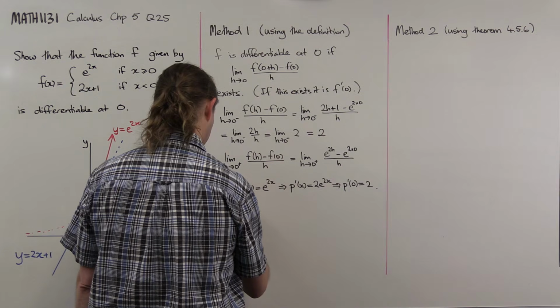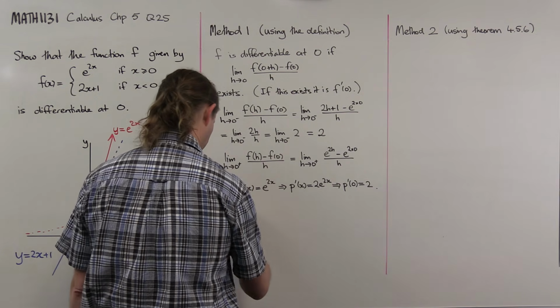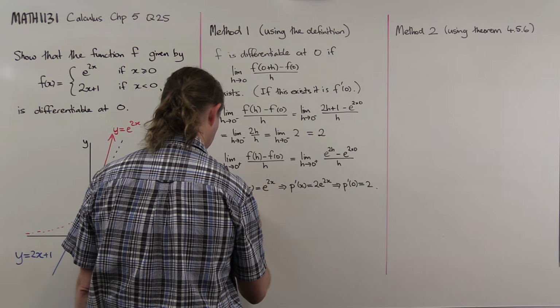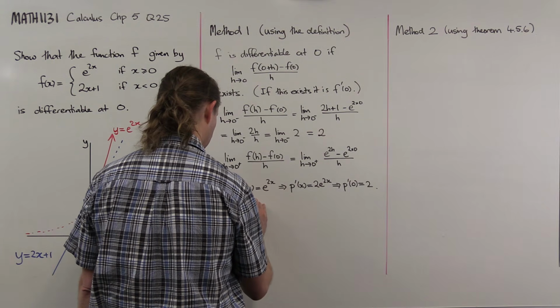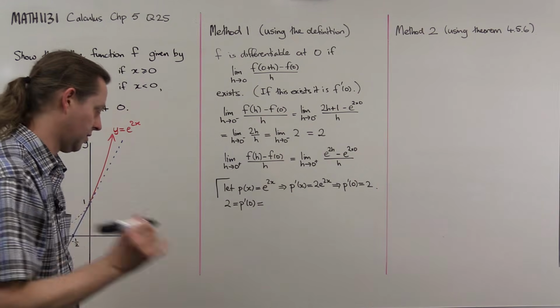So we've got 2 is p dashed of 0. And what does the definition tell us that p dashed of 0 should be?